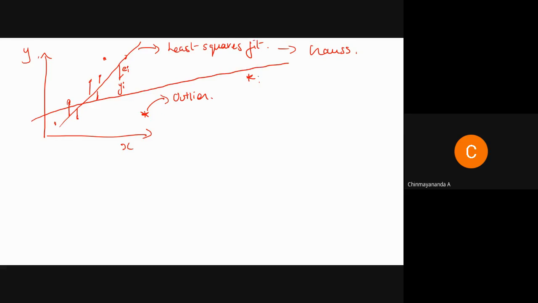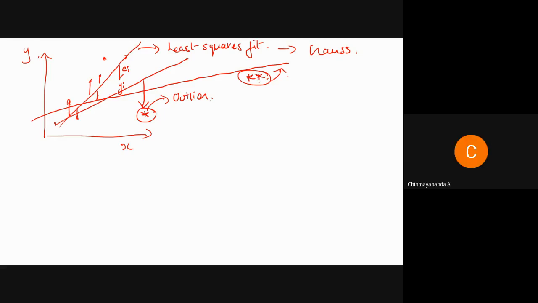If I introduce one outlier, the line might go something like this, and if I introduce a second outlier, then the line might tilt further. Intuitive, right?